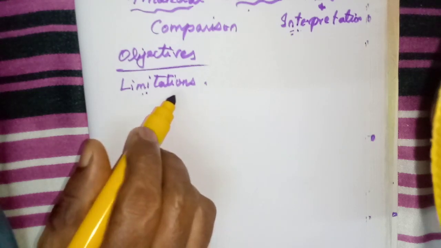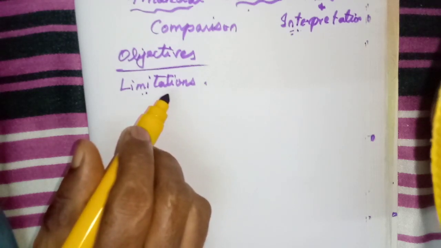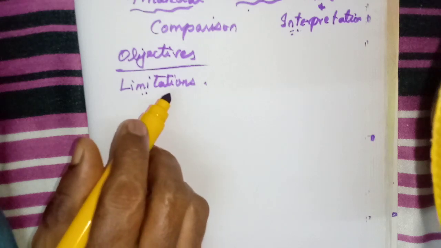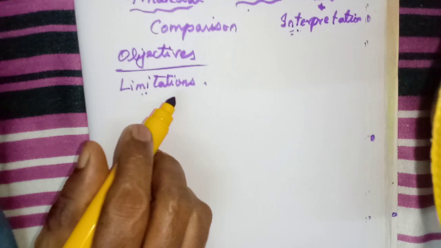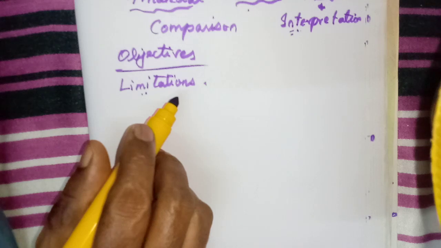Then again we can say it is a means, not an end. What is the meaning of this? It is only the way to calculate the profitability, but it is not the end.